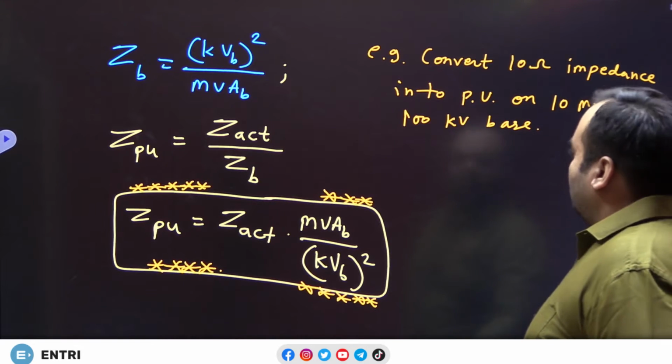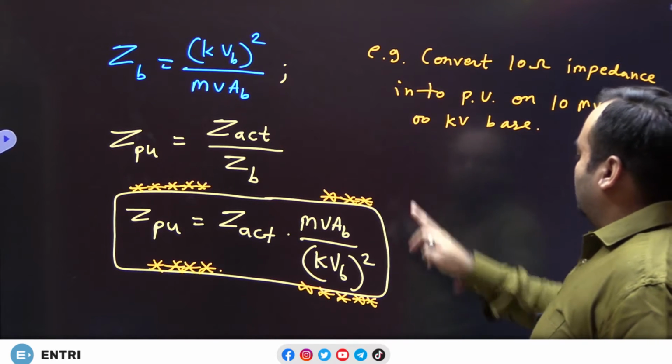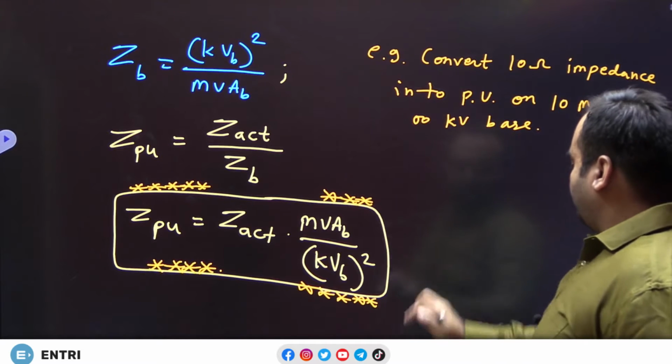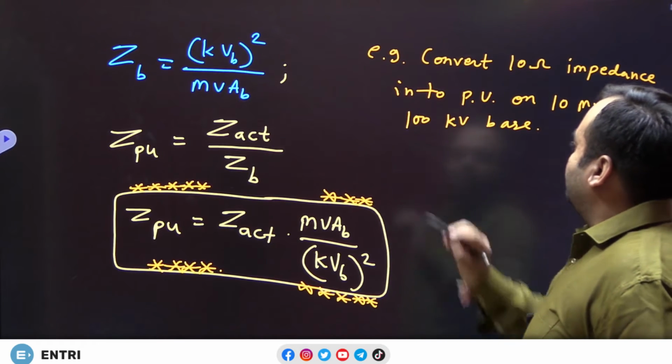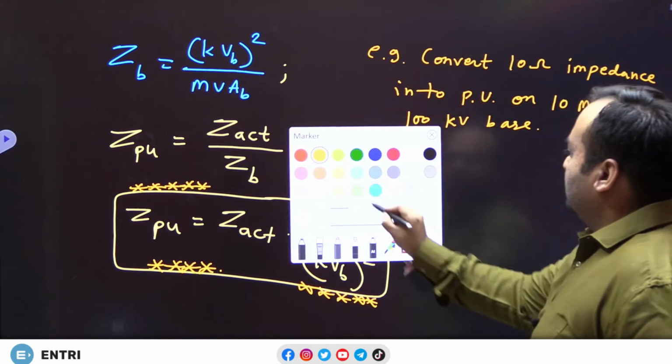This is one, this is not a reversed one, this is one only. So how will you do this?